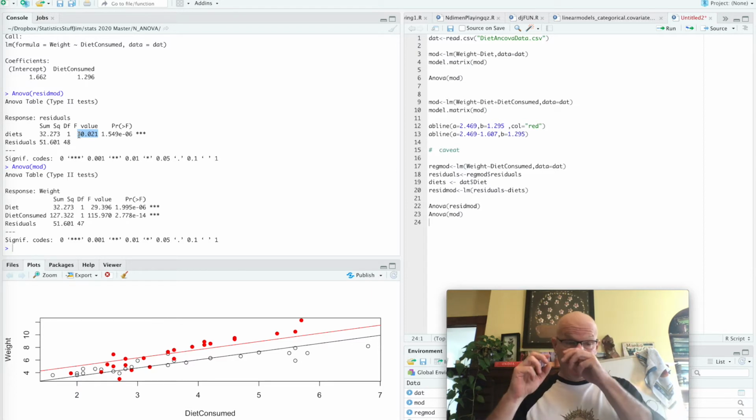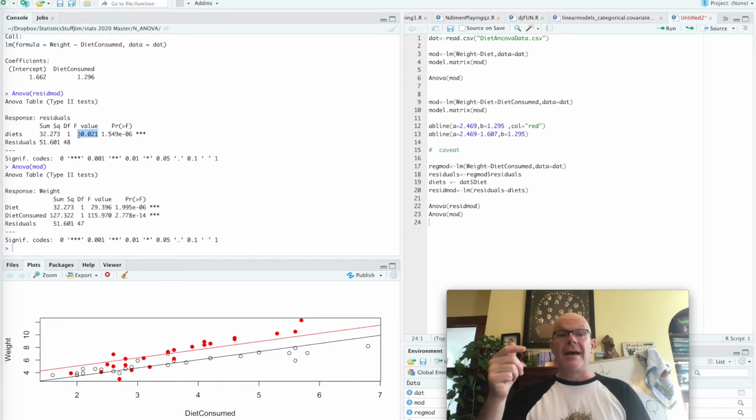Remember that the F value is calculated as the ratio between the mean squared component of our effect and the residual mean squared. And the reason why we end up with a larger F value is because here the computer does not know that we already had to build a model to generate those residuals. The computer does not know that we're analyzing residuals.